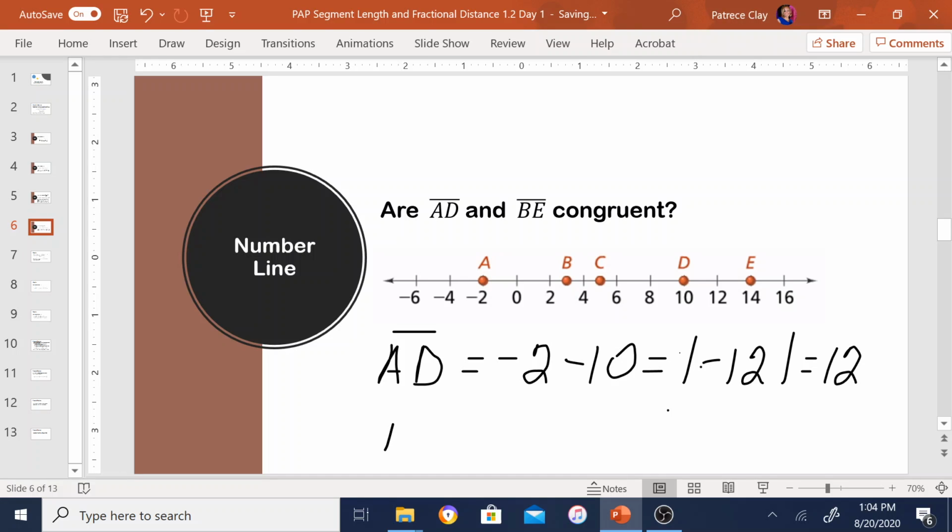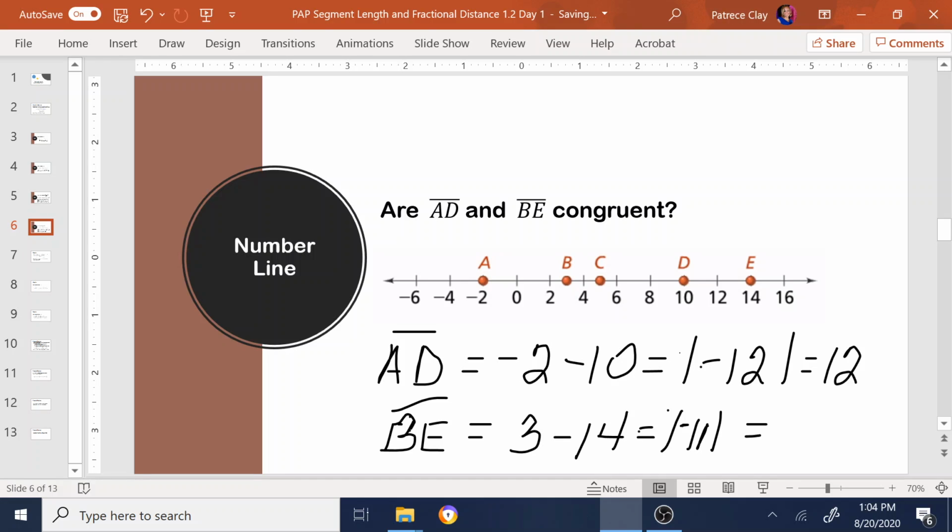Now we need BE. It is equal to 3 minus 14, which is the absolute value of 11. Well, let's just add another bar right there. So the segment is equal to 11. So are the 2 segments congruent? No, they are not this time. Okay?